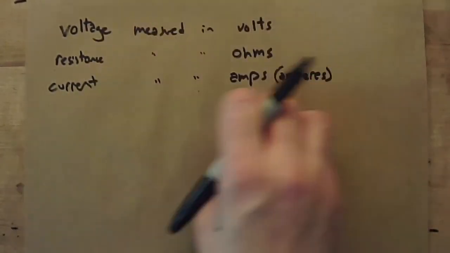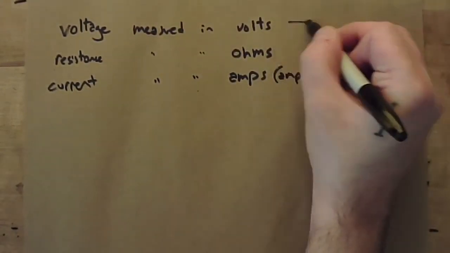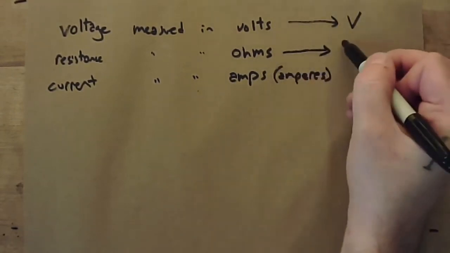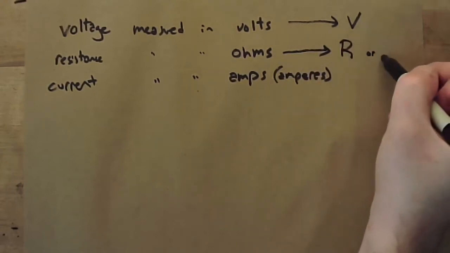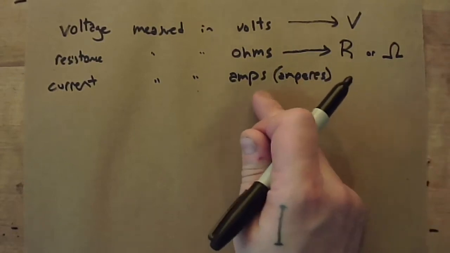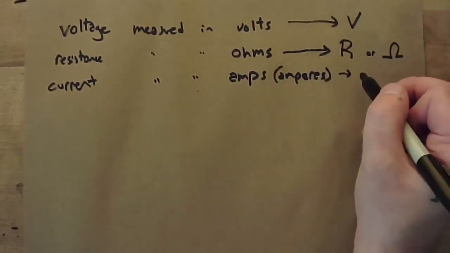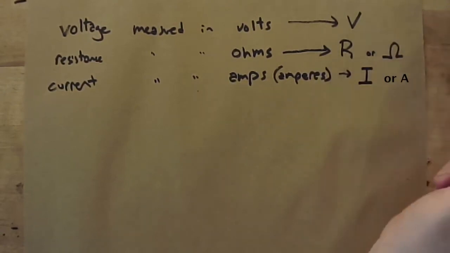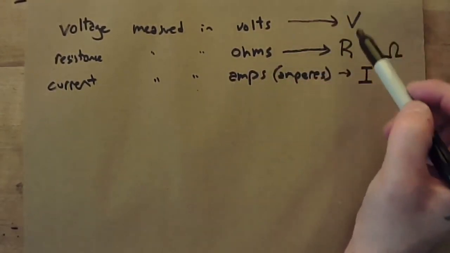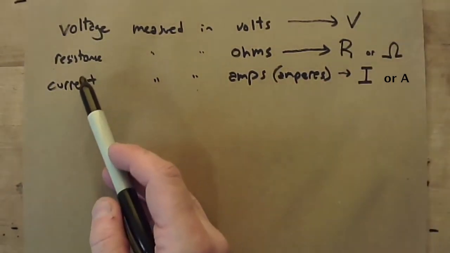And these all have symbols associated with them. This is V, R, or omega, and amps, their symbol is I. These are the symbols that we're going to use to represent voltage, resistance, and current.